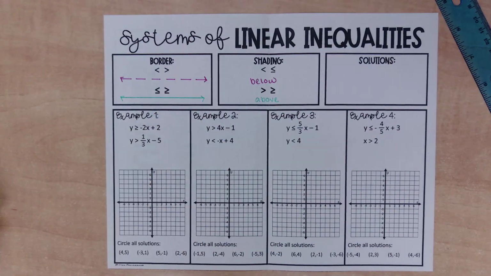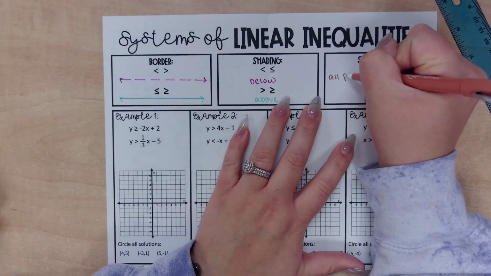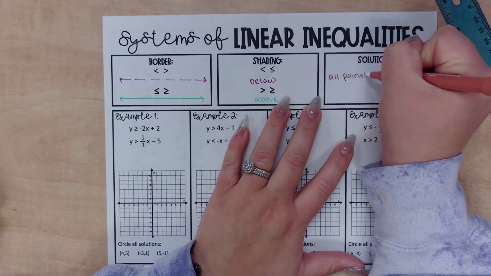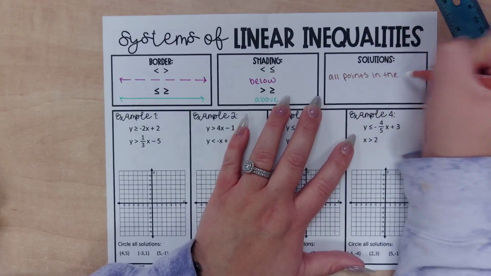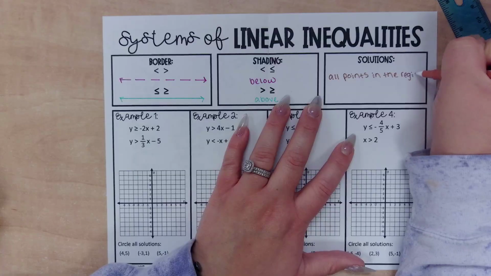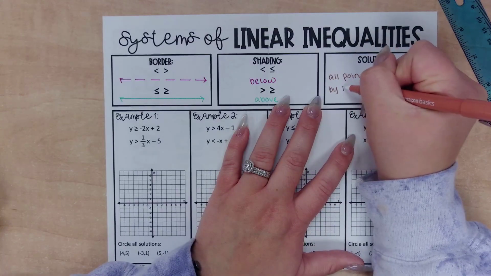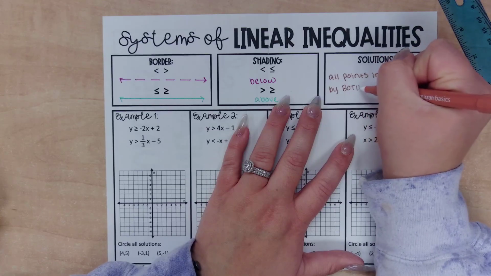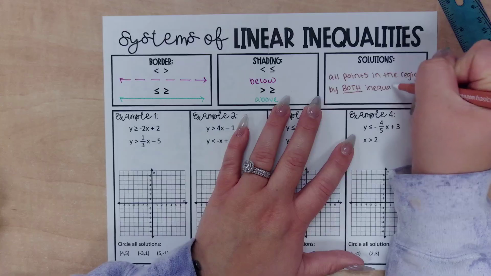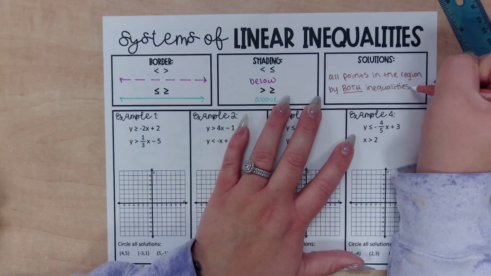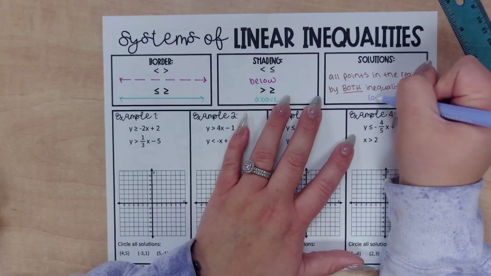And then the solutions part of this is where all points in the region satisfy both inequalities. And essentially what I mean by that is I just want you to identify where your graphs overlap.